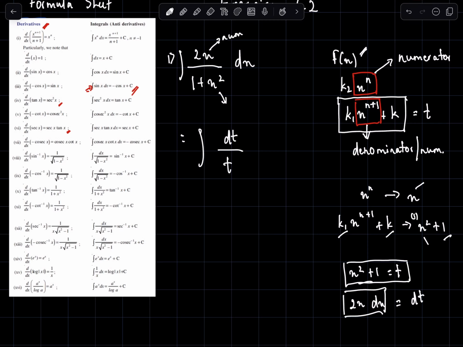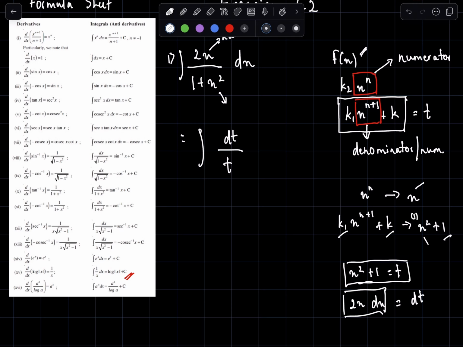Now what is the integral of 1 over t dt? Give me a second, let me erase. Okay, so this is the formula on your formula sheet: the integral of 1 over x is the natural log of x plus c.